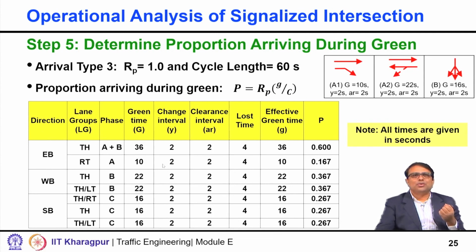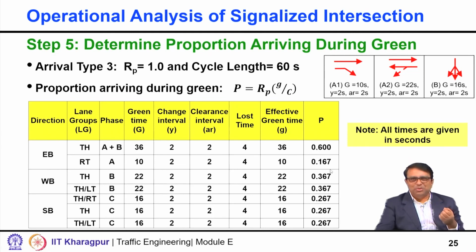We know the direction, the lane group, the phase operation, the green time, the change interval, the clearance interval and the loss time, so you can easily get the effective green time. Once you get the effective green time, divide by cycle and multiply by RP, the platoon ratio, and you get the value of P, the proportion of vehicles arriving during green time.